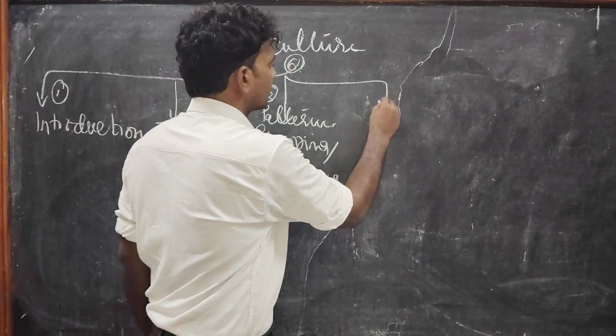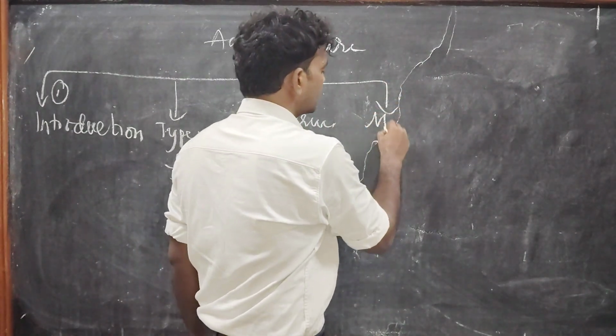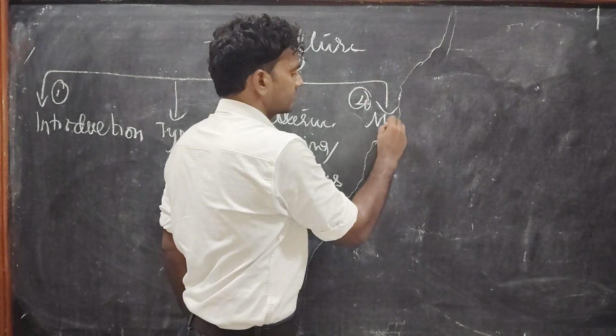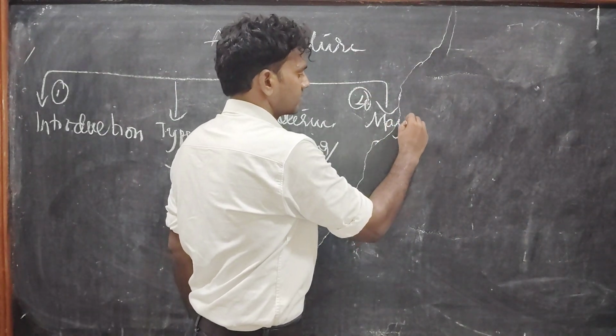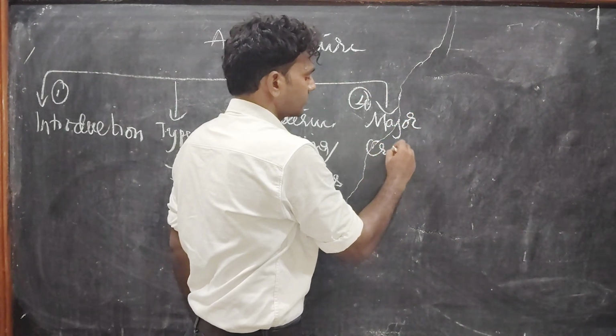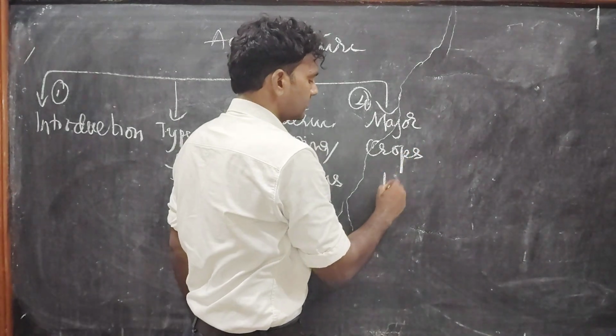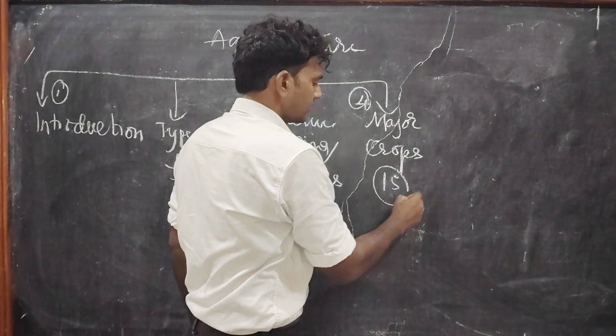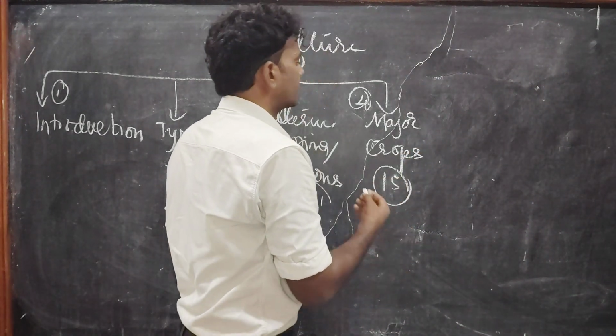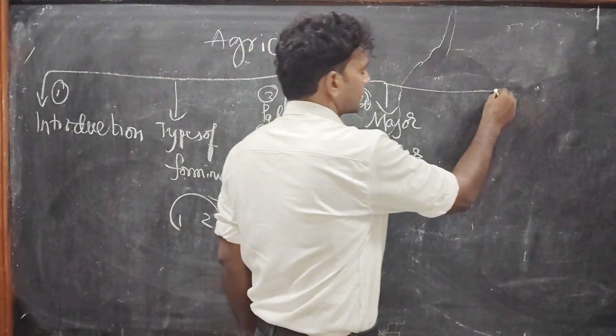And coming to the fourth one, the major crops which are produced in India, the 15 crops, already we discussed in the last section.